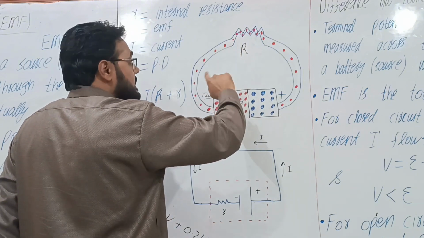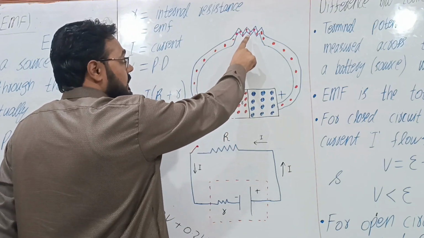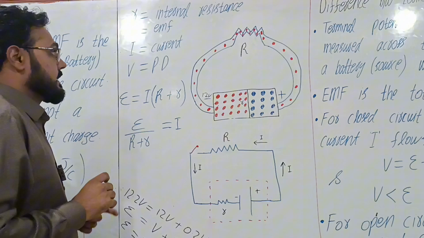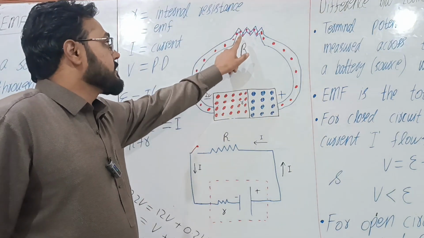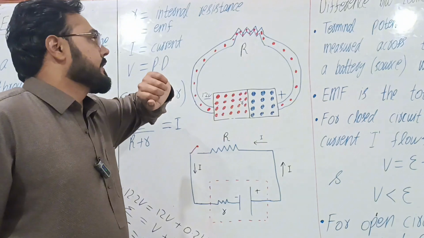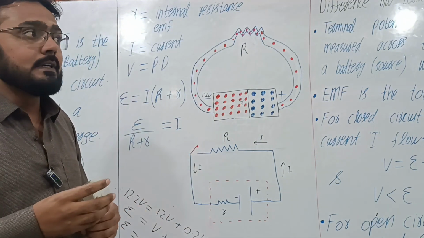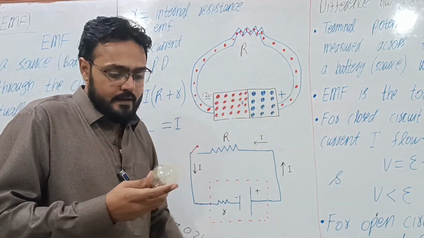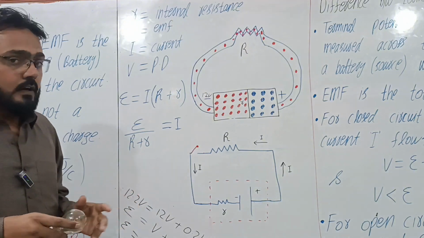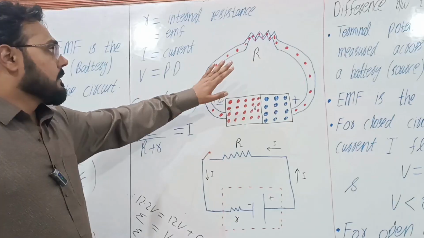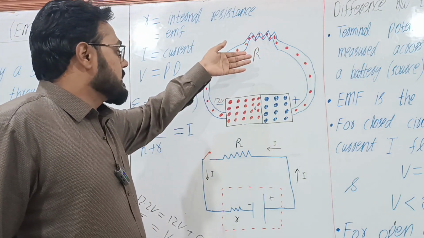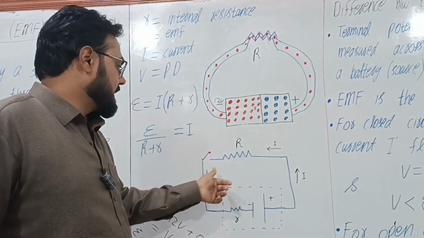When these electrons collide with the particles at this thinner place, they lose their energy in the form of light and heat. That's why bulbs start to glow in this thinner region of wire. Now, this load is represented by this symbol in a circuit.